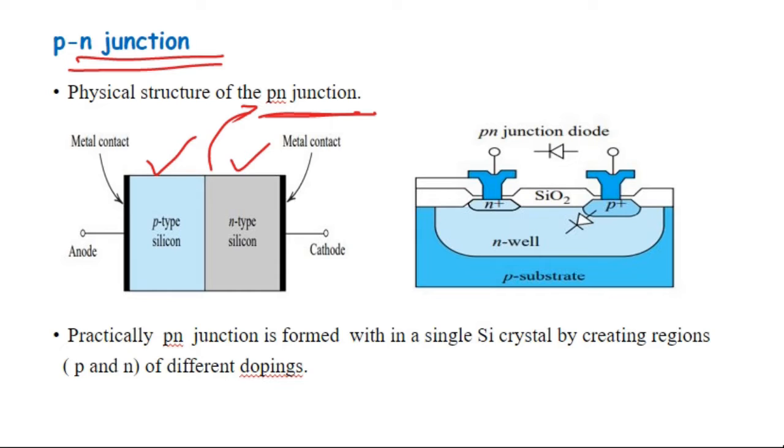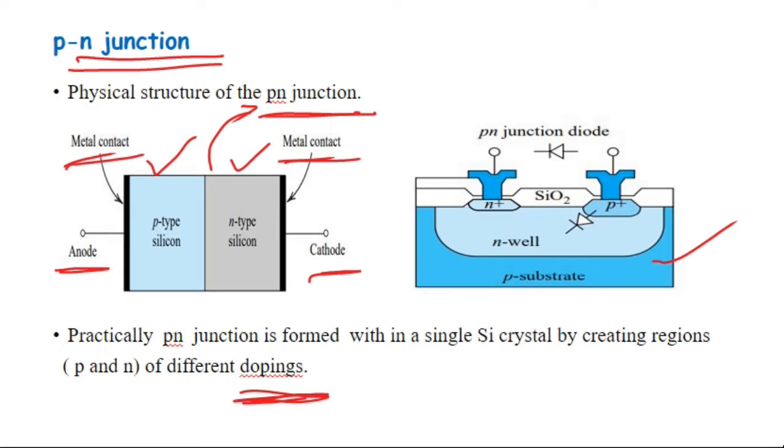This type of structure contains two terminals, that is anode and cathode, and these are connected to this PN type semiconductor with the help of metal contacts. But practically we form this junction within a single silicon crystal.